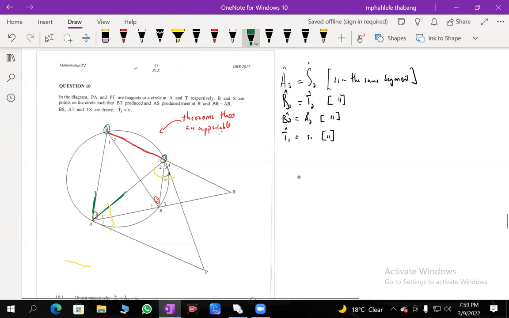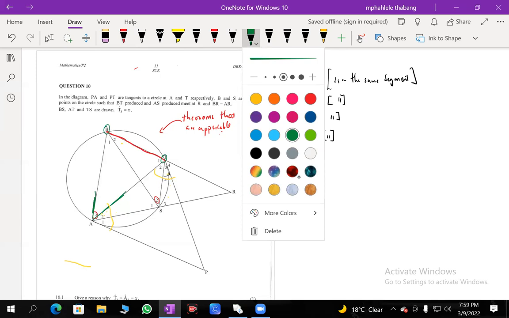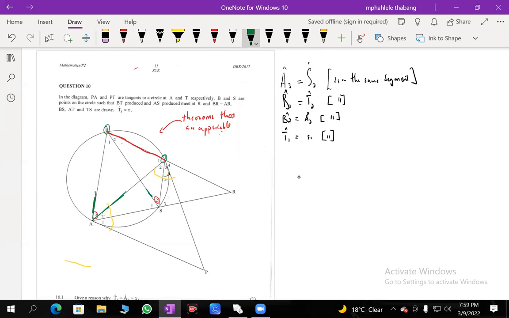The same with angle S2, it is made up of this line and this other line. This line is from B and this line is from T as well. So these angles are subtended by the same chord, so they are equal.